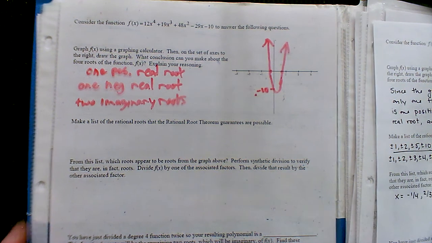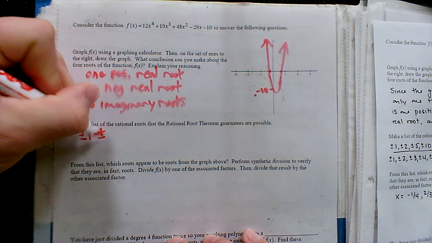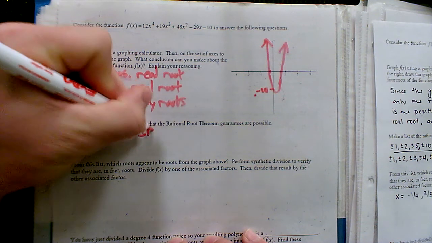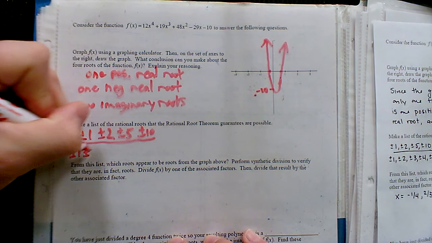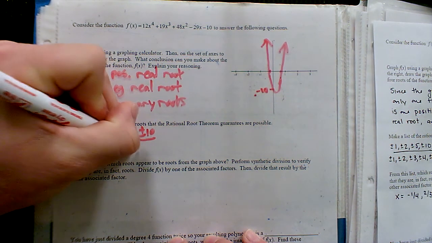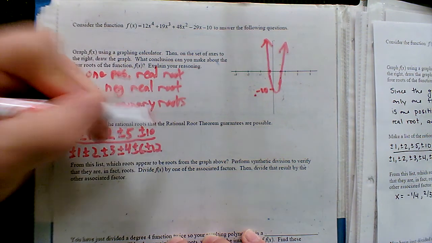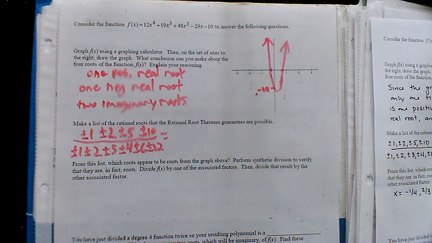Now, you guys could probably do this in your sleep by now, but let's list out the factors. So the constant terms on the top over the leading coefficient factors. Alright, so this one is going to have a big long list. So let's go ahead, list them all out.